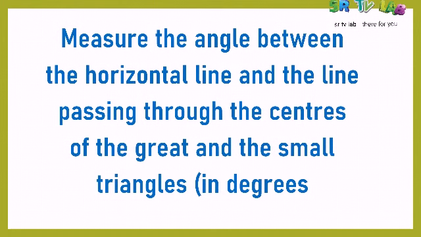You get me? You have to measure the degree of the angle between the horizontal line passing through the center of the grid triangle and the line passing through the centers of both small and grid triangles. Now, what is the cardiac or heart axis deviation?